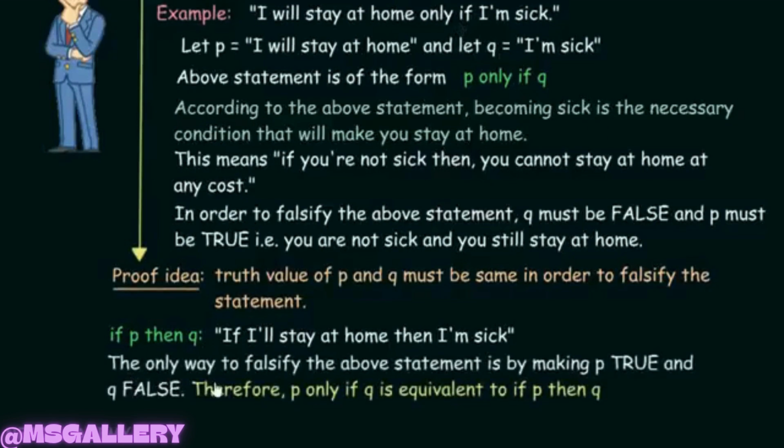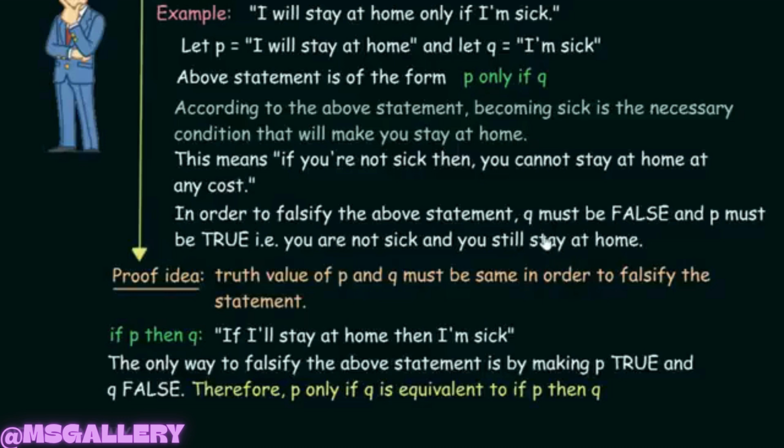As we know, the only way to falsify this particular statement is by making P true and Q false, isn't that so? We are already well familiar with the constructs like if P then Q. We would be able to falsify this statement by making P true and Q false. Therefore, P only if Q is equivalent to if P then Q. Why?